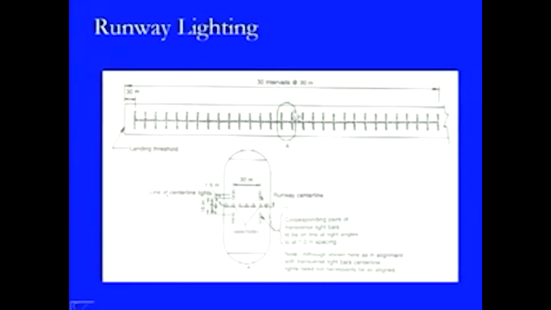And this is a broad view of how it looks like. Here we have three lights being provided on this side and this side with the side spacing of 1.5 meter. These are the center line runway lightings, and these lights are provided at a distance of 18 meters from center to center.